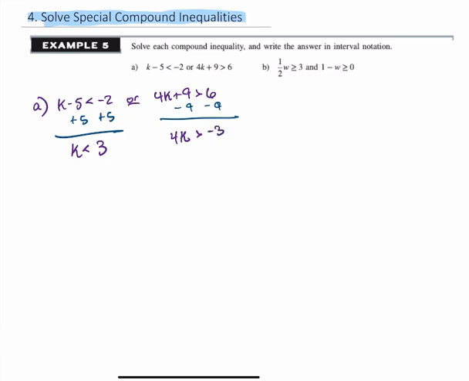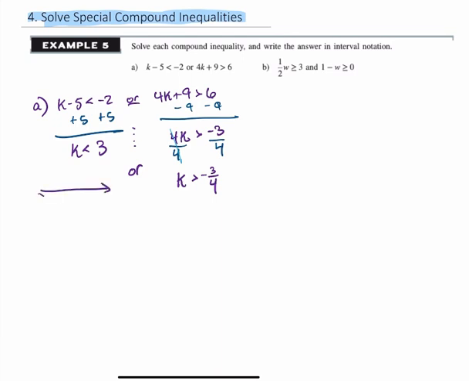So let's divide both sides by 4. And I'll get that k is greater than -3/4. So I get that k is greater than negative 3 over 4, or k is less than 3. So let's imagine them separately.